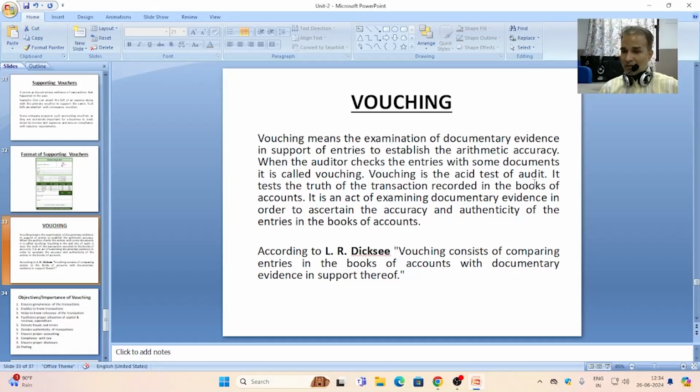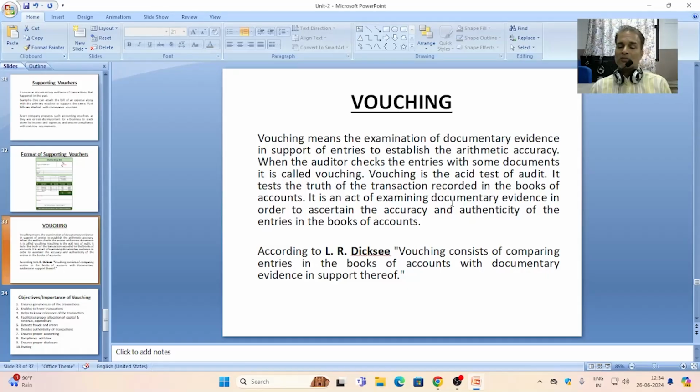When the auditor checks the entries with some documents, it is called vouching. Vouching is also known as the acid test of auditing. It tests the truth of the transactions recorded in the books of accounts. It is an act of examining documentary evidence in order to ascertain the accuracy and authenticity of the entries in the books of accounts.